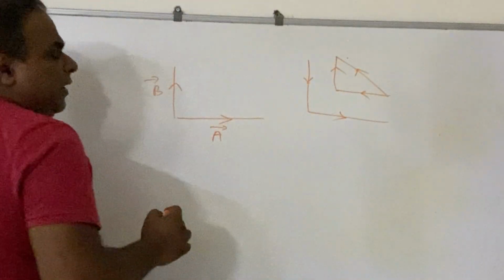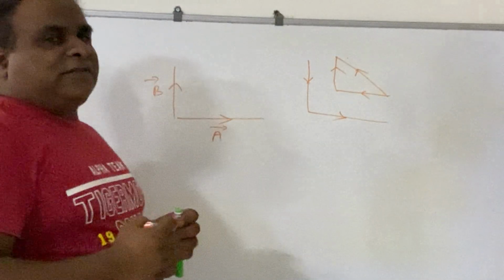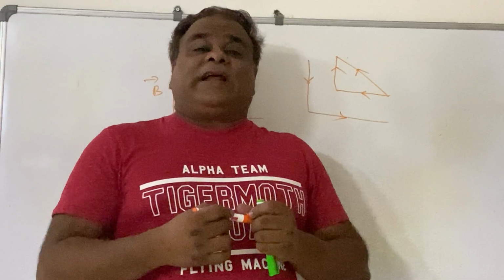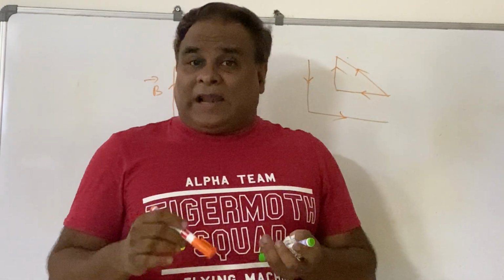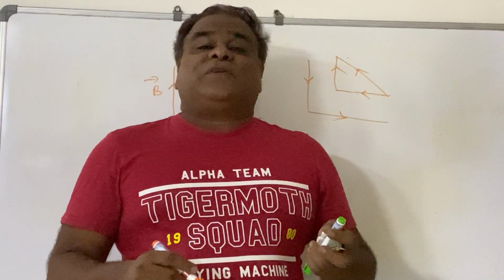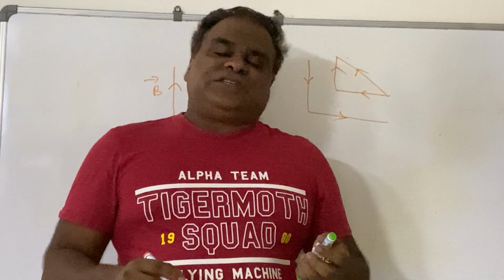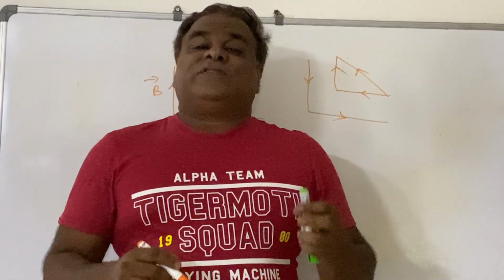We discussed many times. Now here, if two vectors are represented in magnitude and direction by the adjacent sides of a parallelogram taken in reverse order, then the sum is represented in magnitude and direction by the diagonal of the parallelogram drawn from the same point.